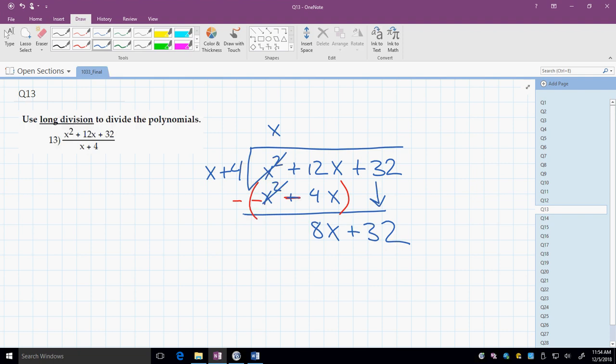I'm missing 8, so I'm going to add 8. 8 times x is going to give me 8x, and then 8 times 4, that's going to be 32. And because we always need to flip all the signs, this is going to be negative, and this one is going to be negative as well. So this is going to cancel, and your answer is 0.